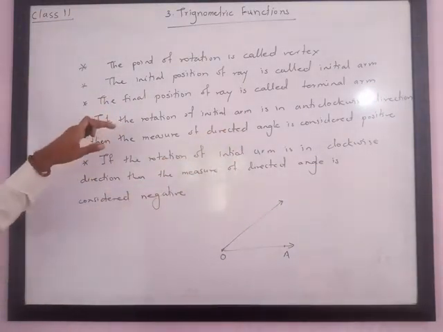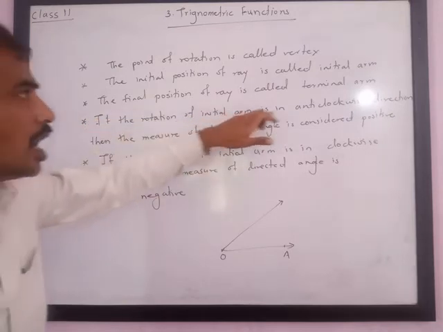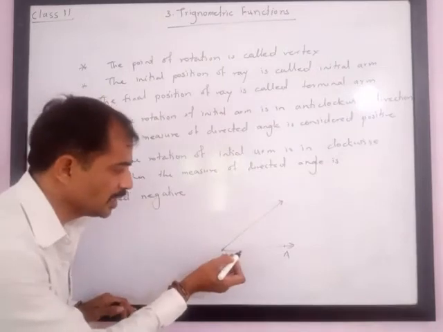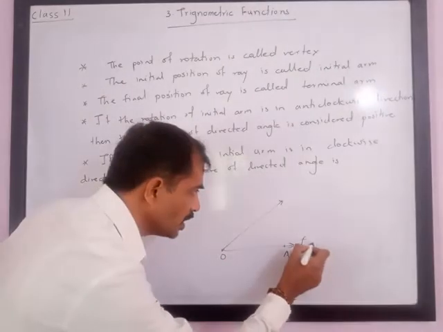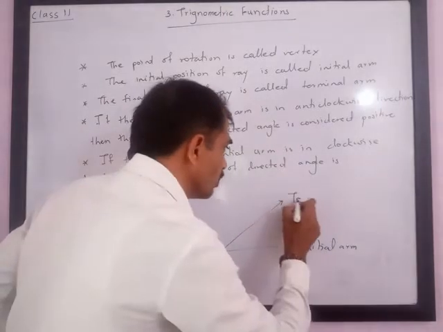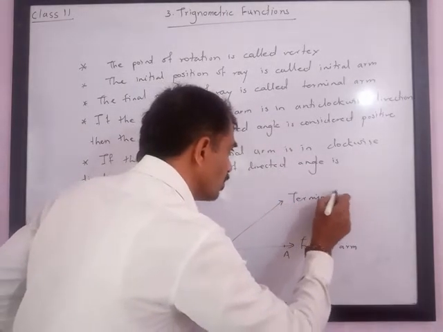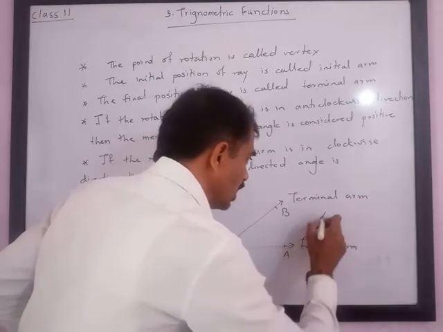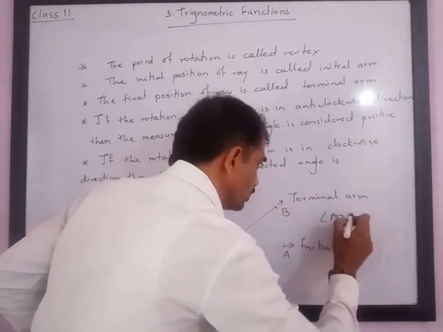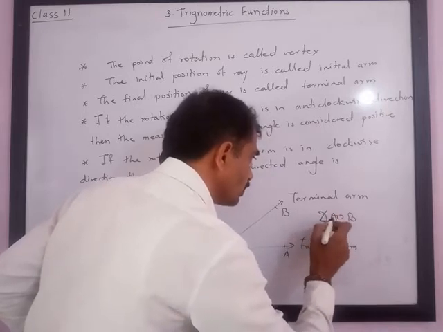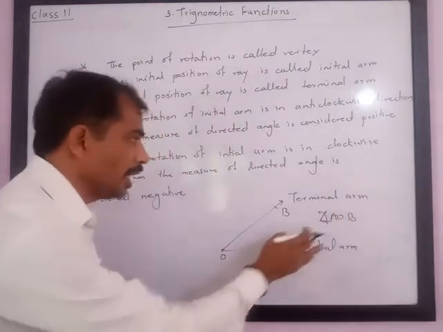So, if the rotation of the initial arm is in the anti-clockwise direction, and this is the initial arm and this is the terminal arm, this is angle AOB.